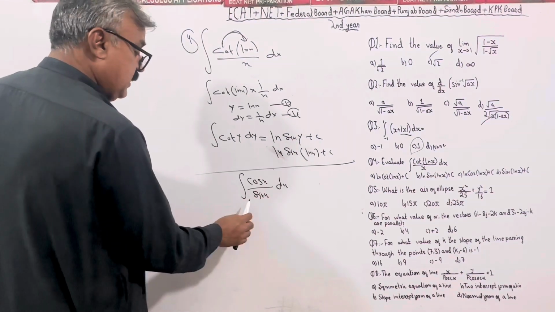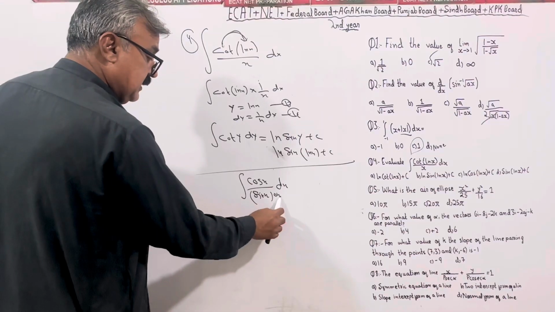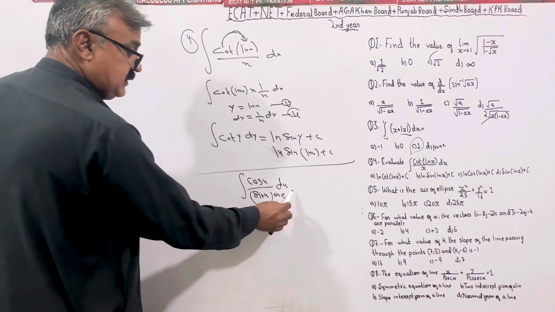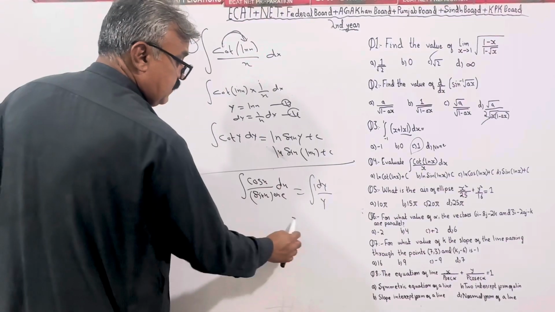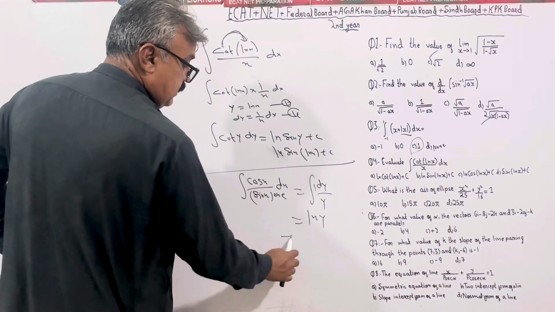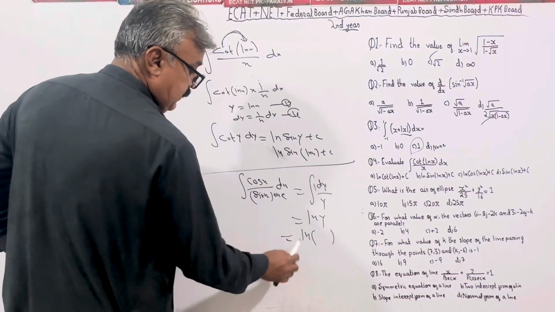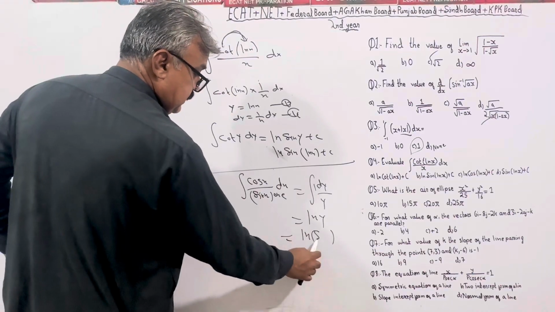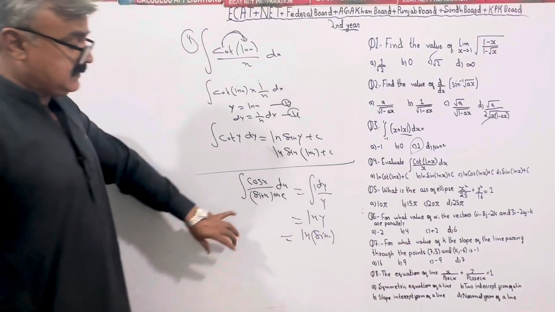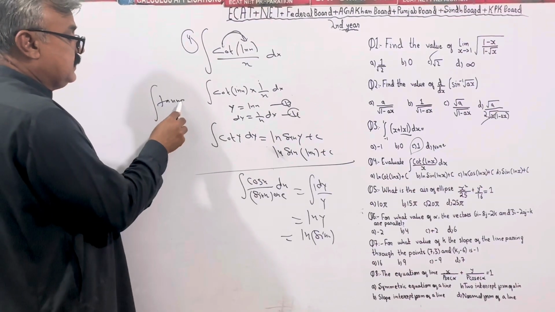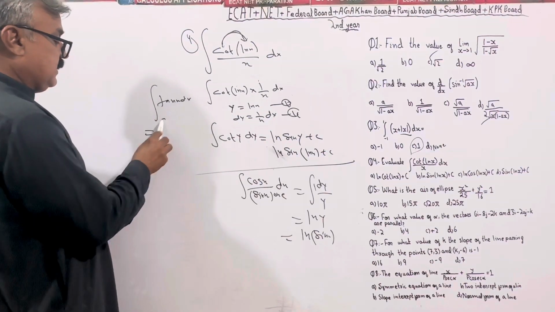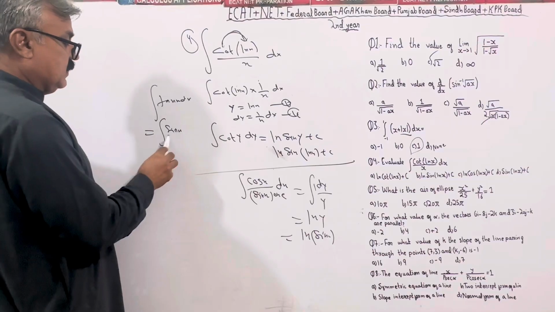This is a function having power 1, and its derivative is in the numerator, so it becomes dy over y. 1 over y integrates to ln y. We put the value of y: ln sin x. That's the way. In the same fashion, one can prove integration of tan x. Tan can be written as sine over cos.